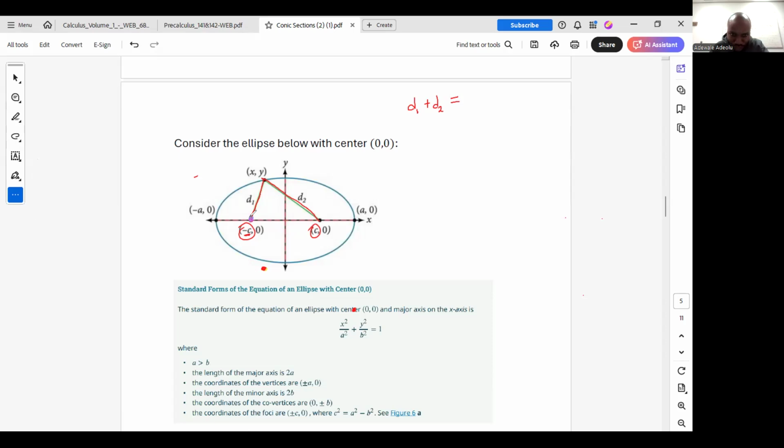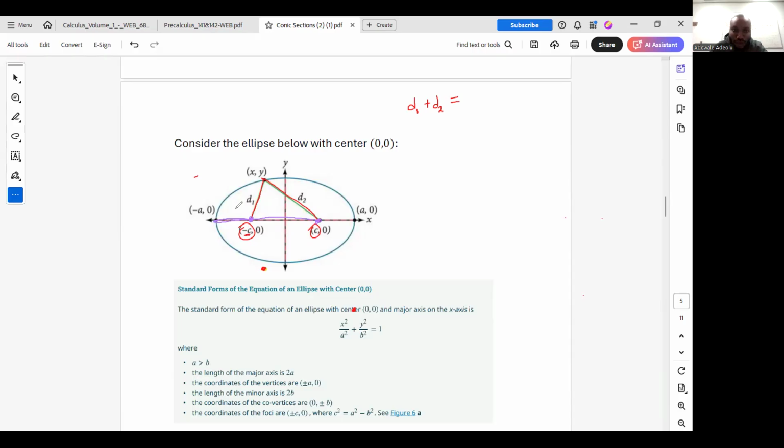If I say from here to this point, and from here to this point, you agree with me that it is two-way, which is exactly how we define D1 plus D2.